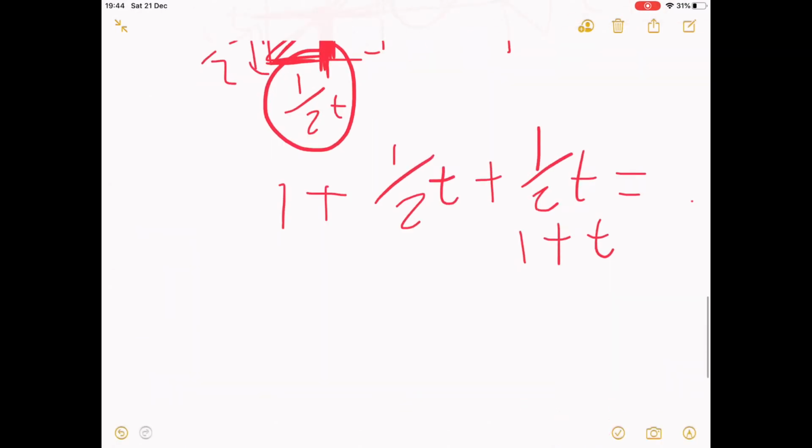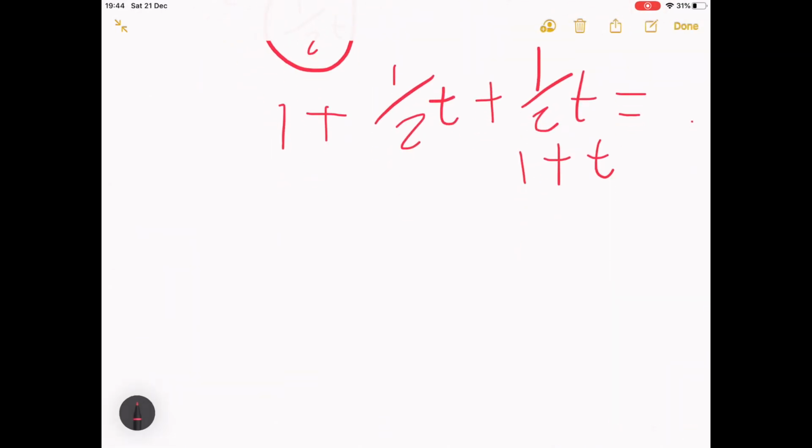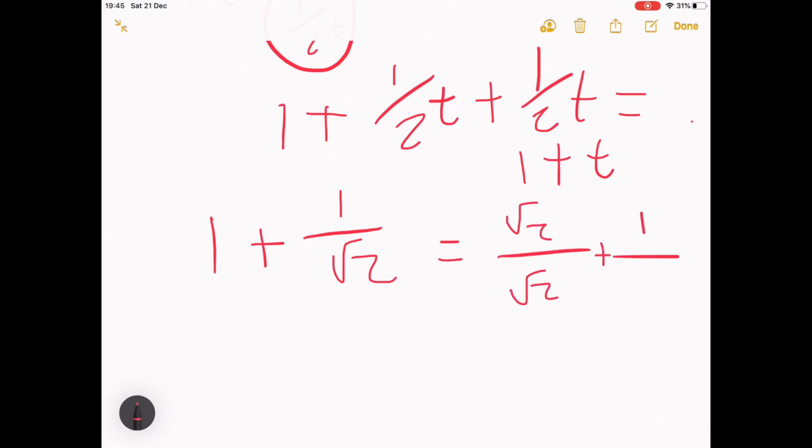So we know that our t is 1 over under root 2. And yeah, so that's the length of our smaller square. So we have 1 over 1, which is basically root 2 over root 2, plus 1 over root 2, which is root 2 plus 1 over root 2. And that would be our length.